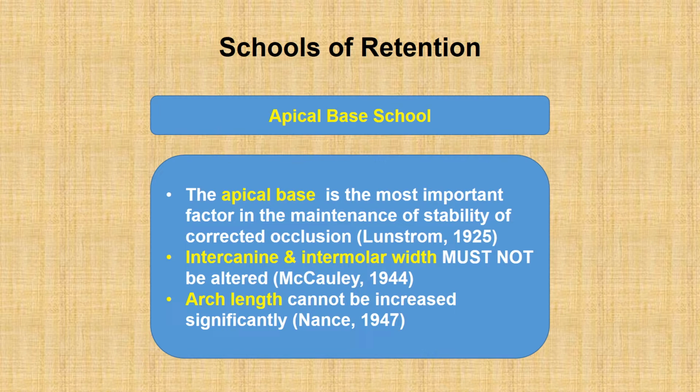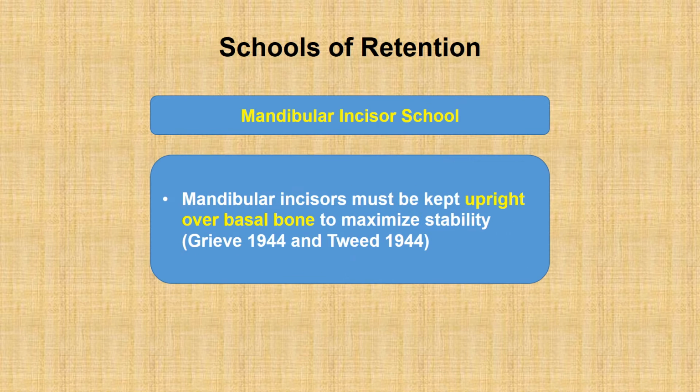Nance stated that arch length cannot be increased significantly, meaning any arch expansion is bound to relapse. The third school of retention is the mandibular incisor school, which states that the mandibular incisors must be kept upright over basal bone to maximize stability.